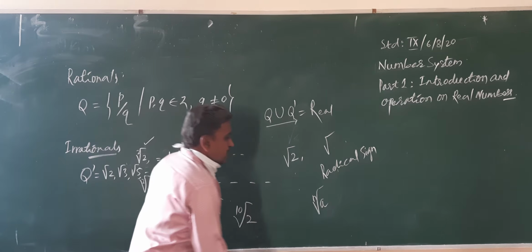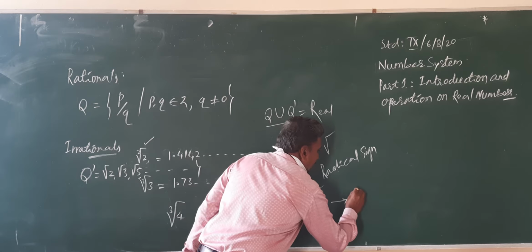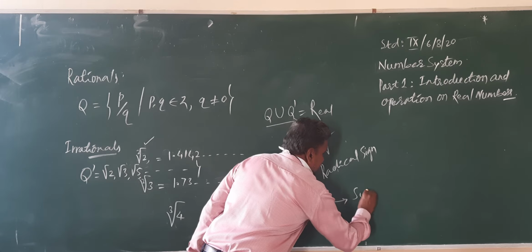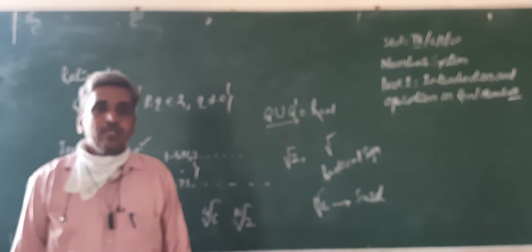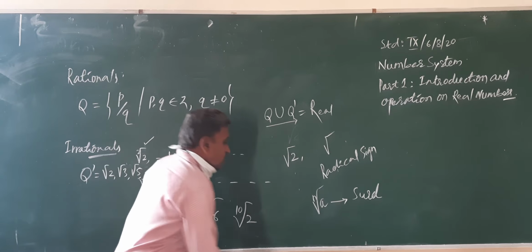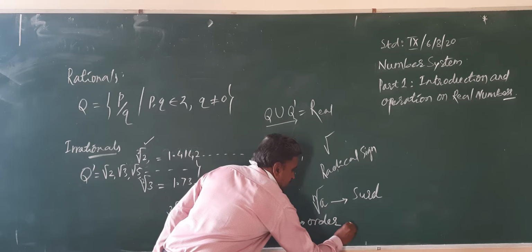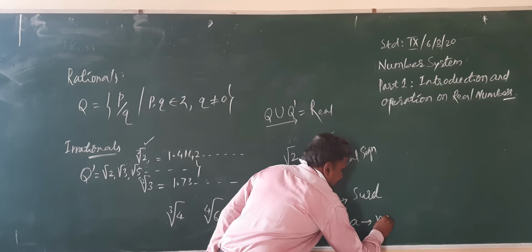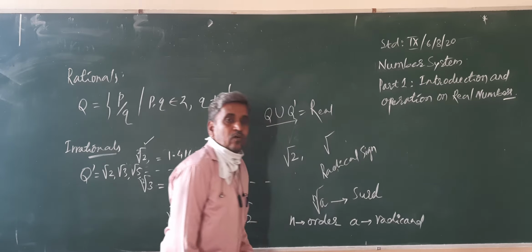So here the general form is the nth root of a. It is also called a radical or a surd. The general form of a surd is the nth root of a. What is n? n is called the order. a is called the radicand.